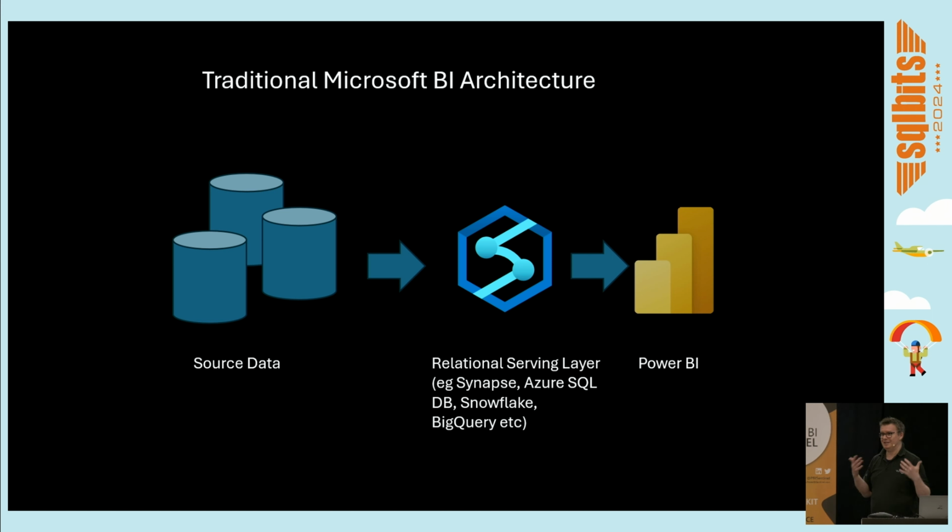You created a star schema. You put that star schema in a relational database. In the old days that would have been SQL Server. Nowadays, it might be Synapse dedicated pools. It might be, God forbid, even Snowflake or BigQuery or something. And then you put your semantic model on top of that inside Power BI. That's the way things have always been.